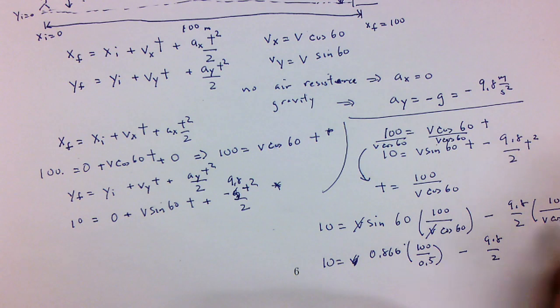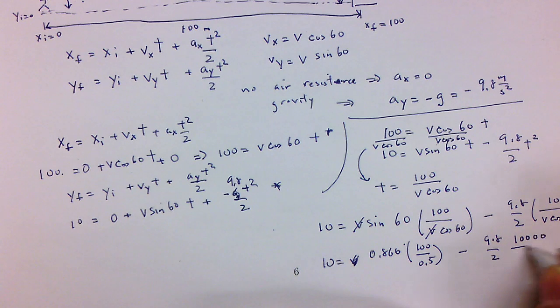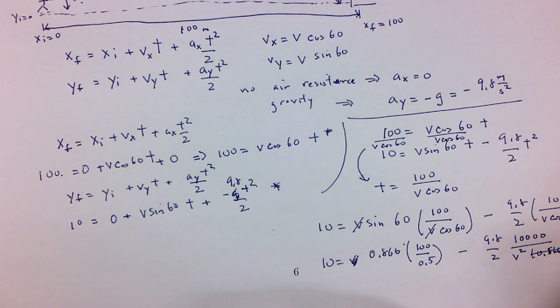Now 100 squared is going to be 10,000 divided by v squared, and cosine 60 is 0.5, squared. Now it's just plugging in numbers.